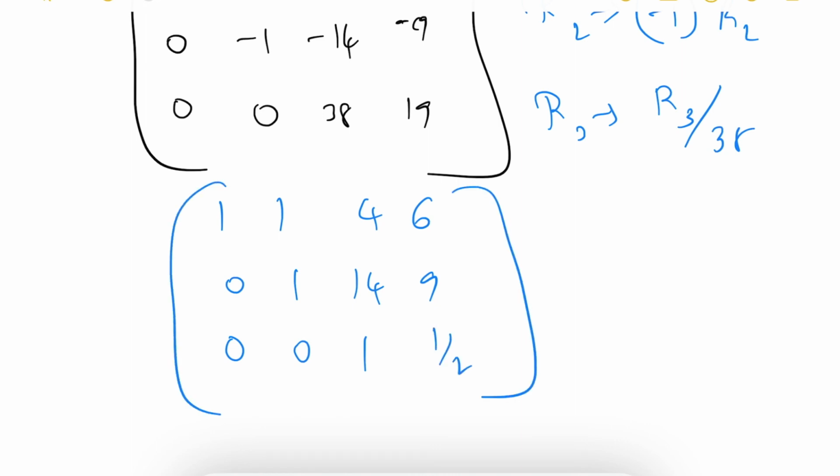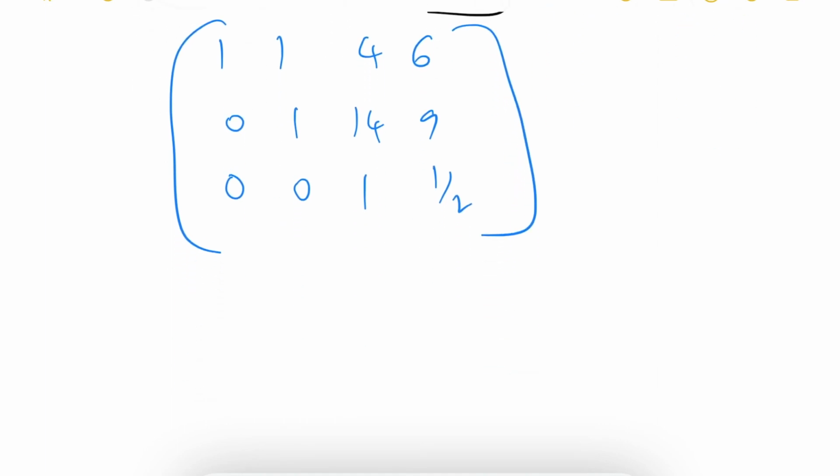Okay, next what? Here 1, here we need to get 0, here also we need to get 0. Okay, next here 0 1, here we need to get 0, then our total matrix will be finished.